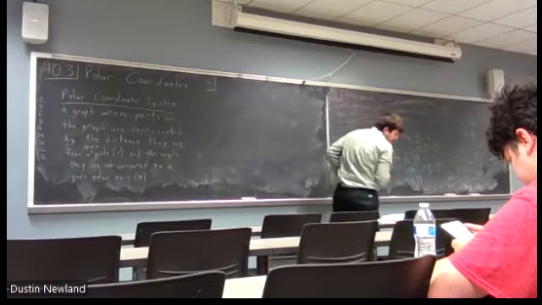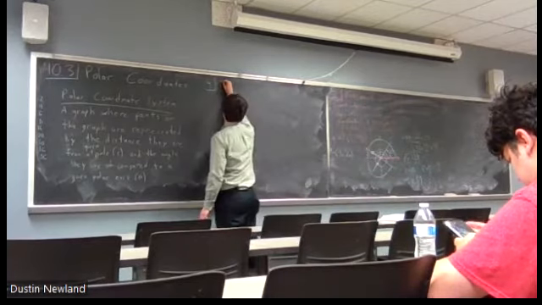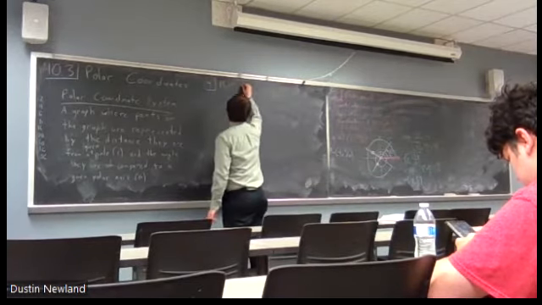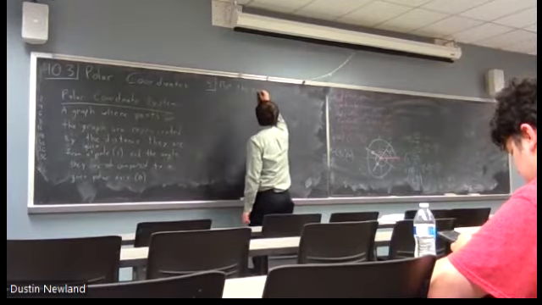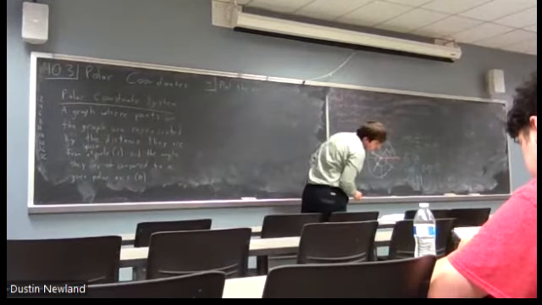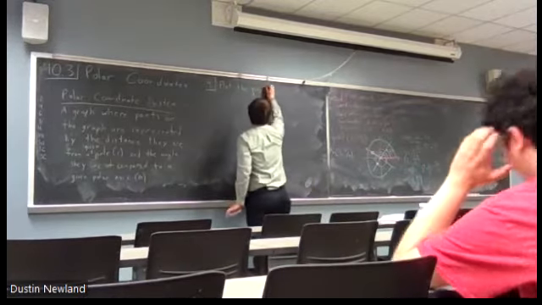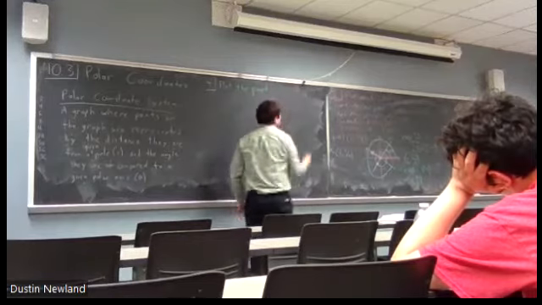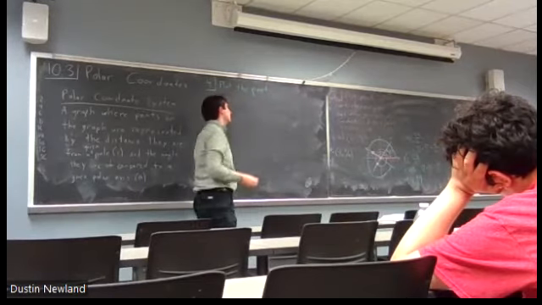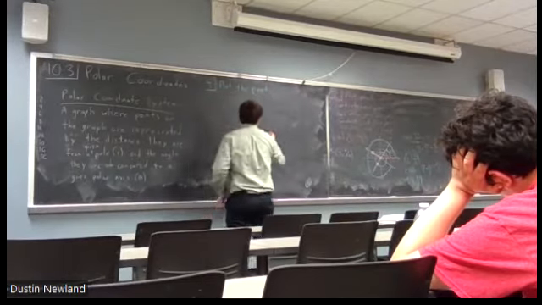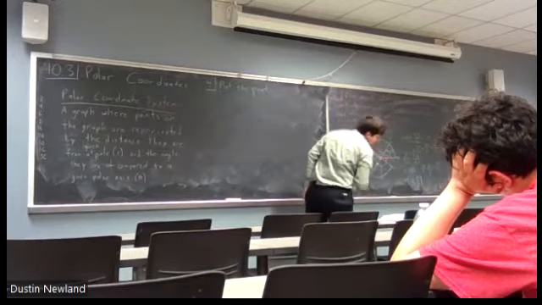So this says plot the point, and then it's going to be in polar coordinates. So we're going to plot the point in polar coordinates. So that's going to be the first part.